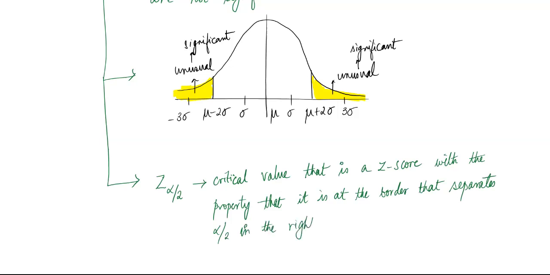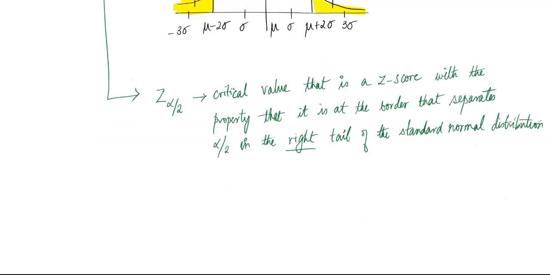Please remember that, okay? Because you do have two tails here, right and left. We would focus on the right tail of the standard normal distribution. Okay, so then I have to adjust this graph to match the z-scale.